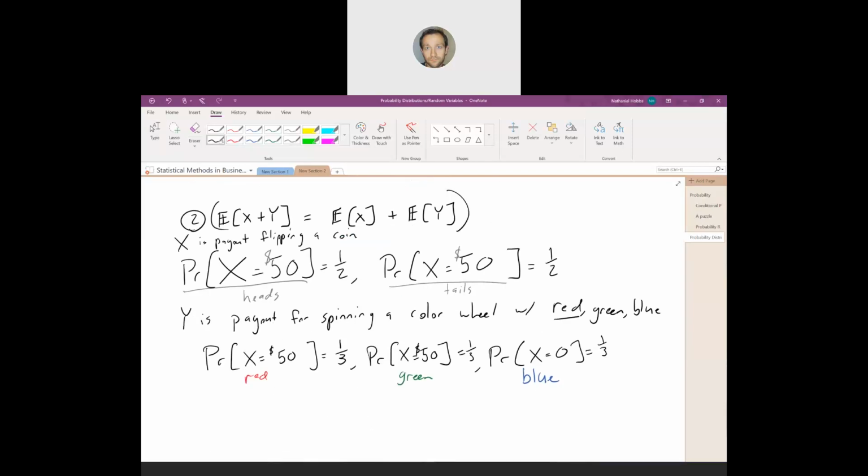All right. Then what's the expectation of x? What's the expected payout for flipping a coin when either side pays out $50?